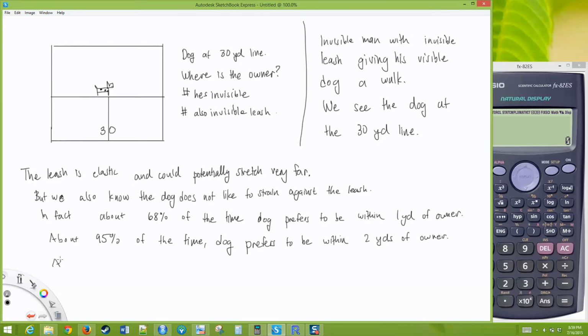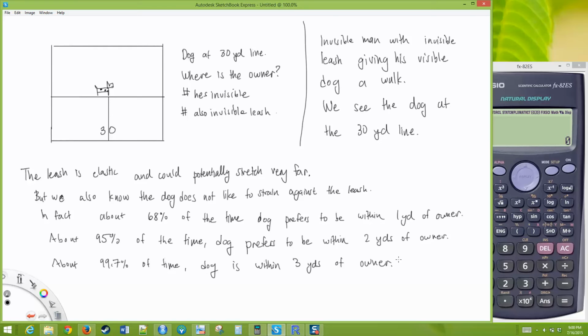And about 99.7% of the time, dog is within 3 yards of the owner. Okay, so you know, it is possible the dog could be more than 3 yards away from the owner, but it doesn't happen very often. Okay, the dog doesn't like to pull against the leash that hard.